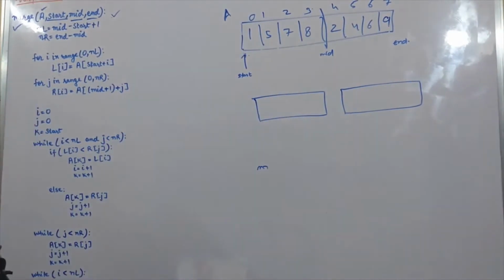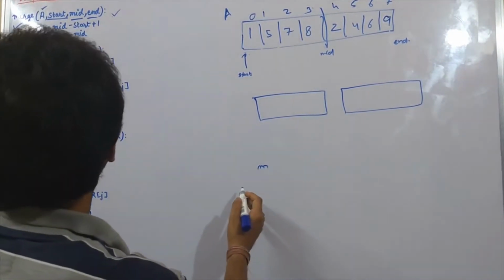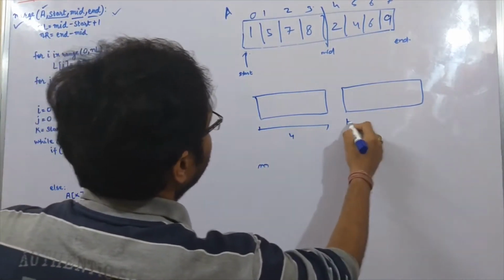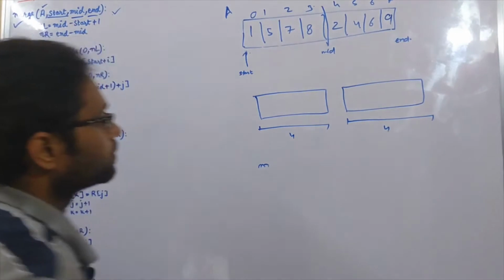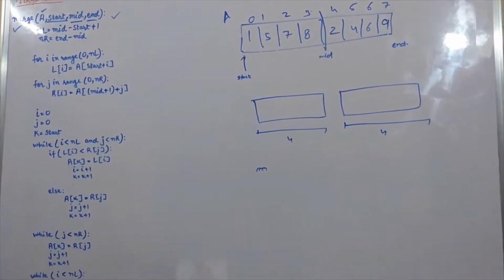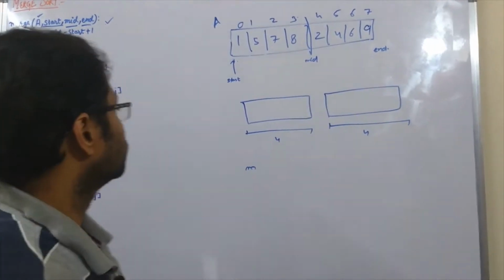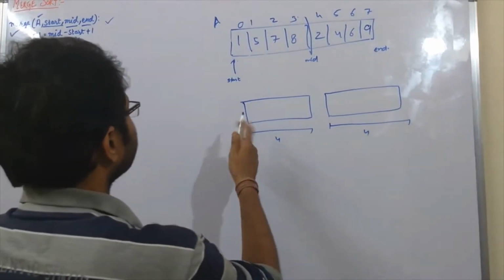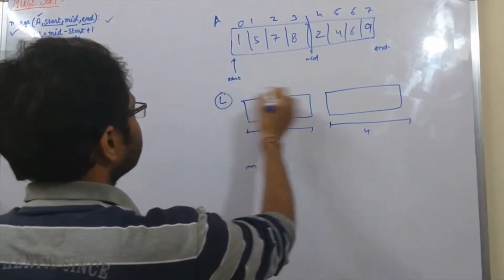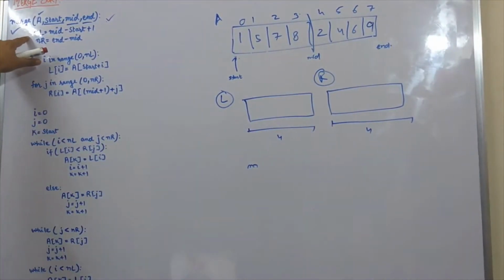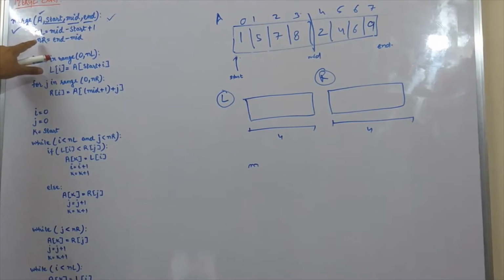So mid minus start and end minus mid. So what will be the value? 3 minus 0 plus 1. So the length of this array will be 4, and this is also 4 in our case. Now we will name this array as L, and this is our right array. We have defined two arrays of NL and NR size.